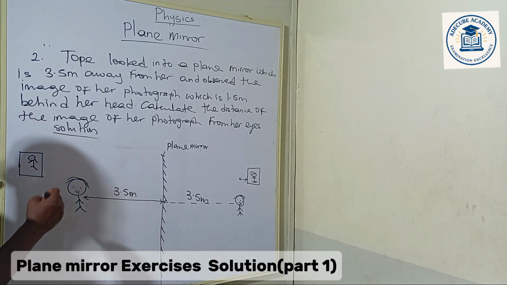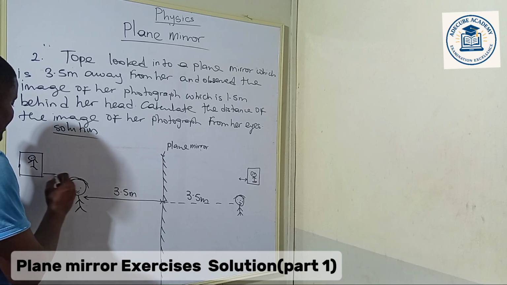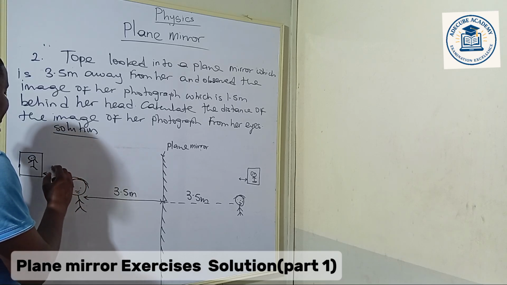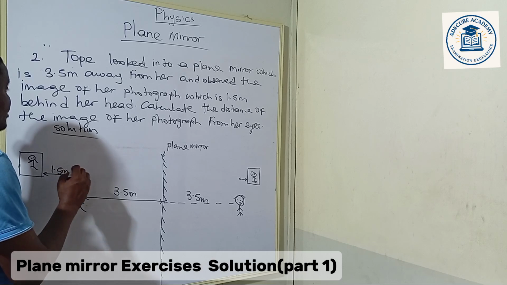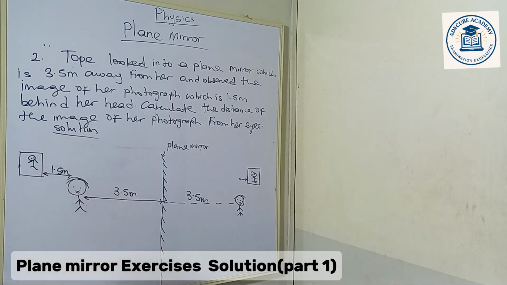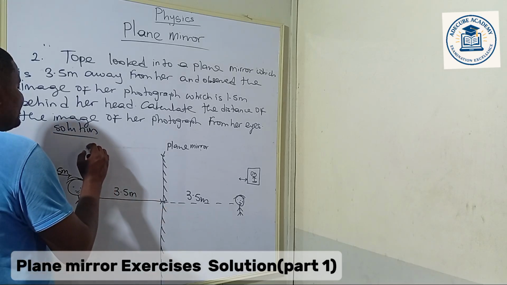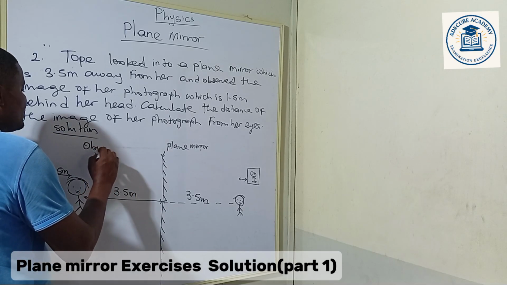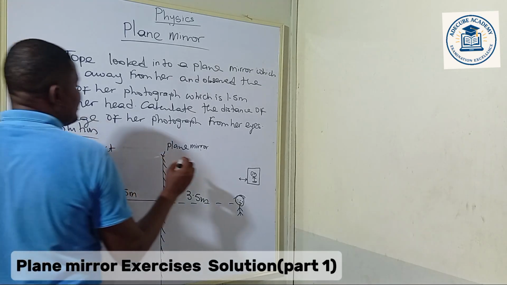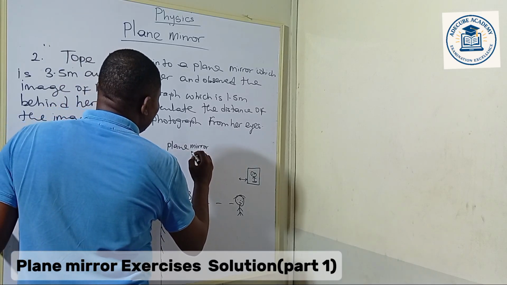Now, we are told that the photograph is 1.5 meters behind her head. So this is the object part, while this is the image part.